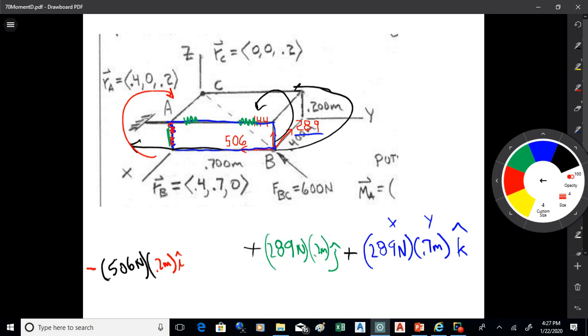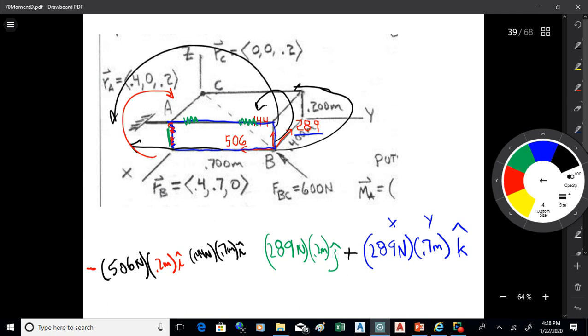Okay, we've got one more. It's the 144. That's times 0.7 meters. I'm running out of room here. I didn't quite space that properly. So that's going to be 144 newtons, sorry about that, times 0.7 meters. That is going to be an X, so that'll be an I. And it'll be positive as it comes around like that.